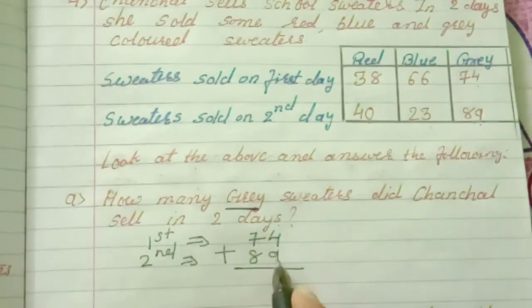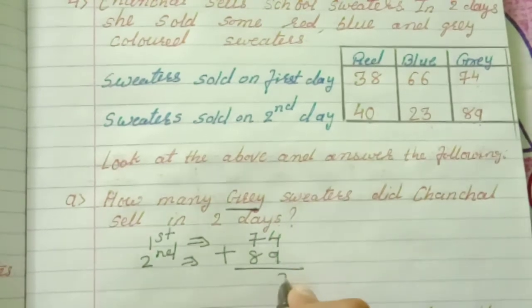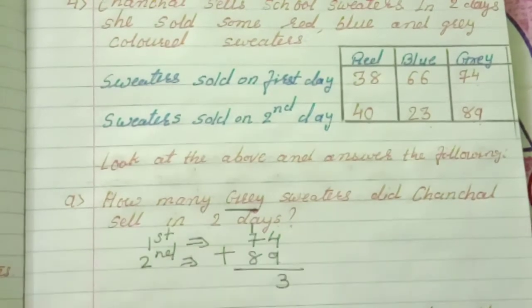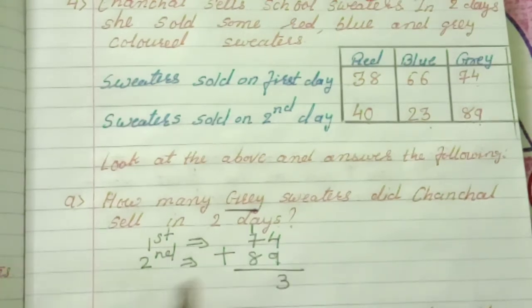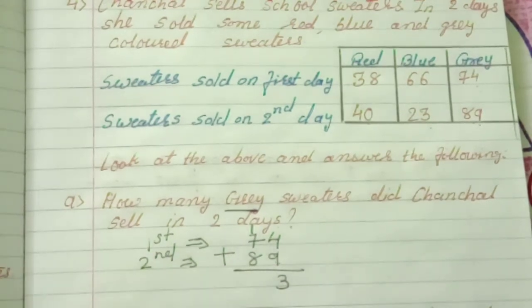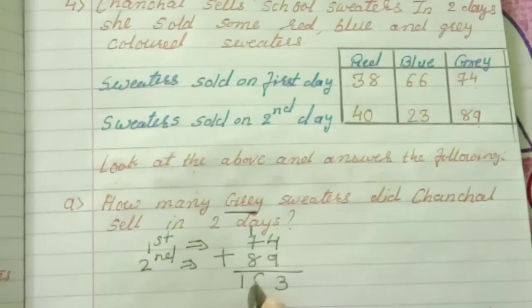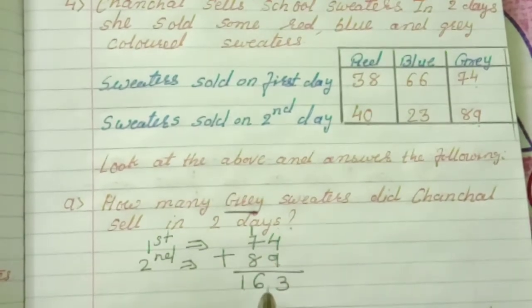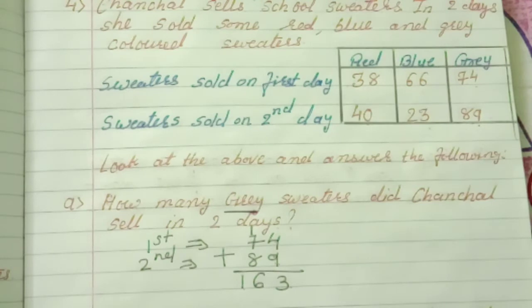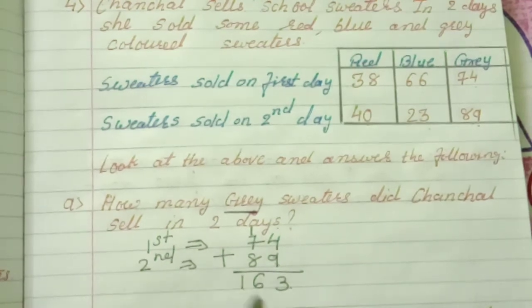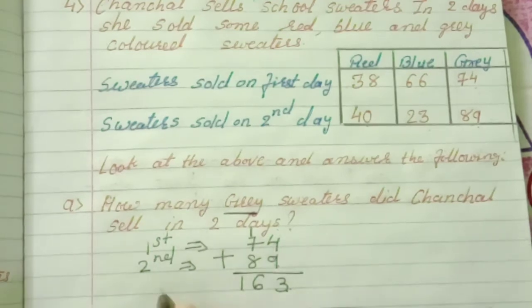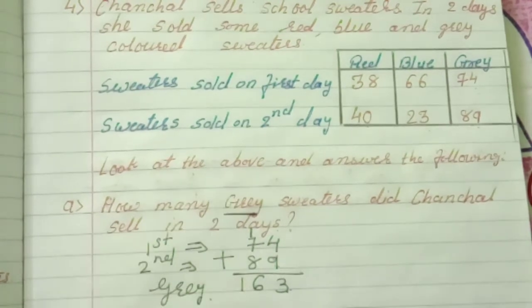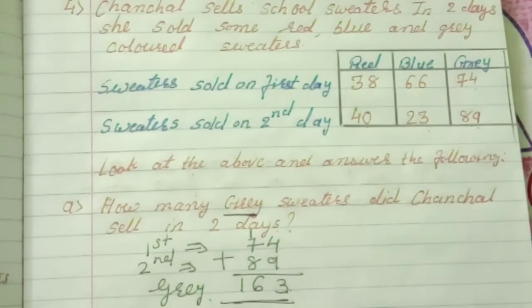So, 9 plus 4, 13. 3 is here, 1 is carrying forward. 7 plus 1, 8. 8 plus 8, 16. So, 163 sweaters. Chanchal sold 163 grey sweaters in 2 days.